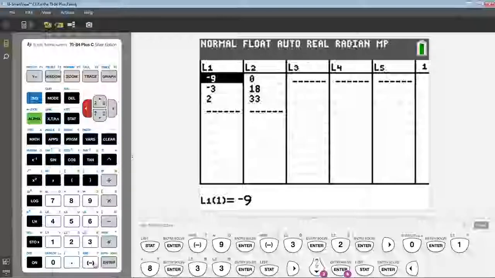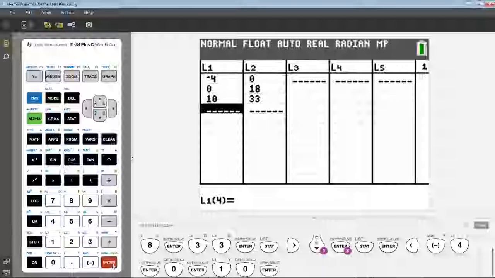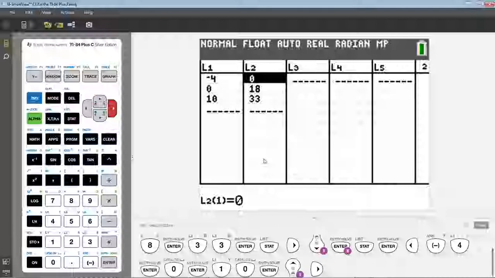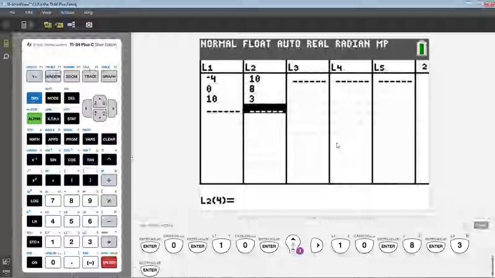So we can just put -4, enter, 0, enter, and 10, enter. These are the x values for m. And then go over and replace these numbers with 10, 8, and 3. Okay, that replicates the m of x L1, L2 table that we wrote out.